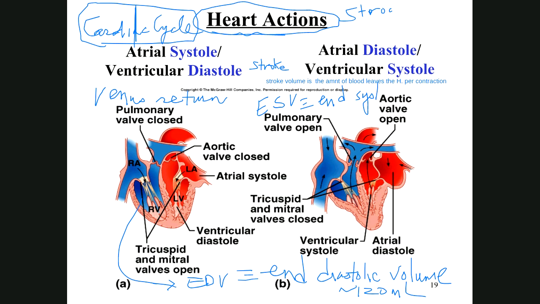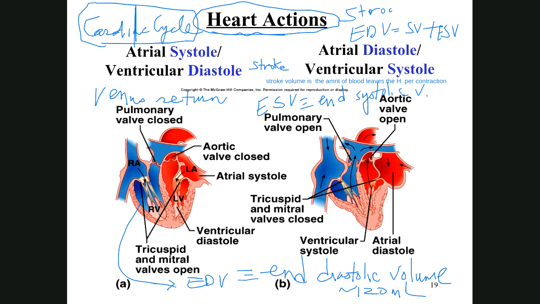As you start learning this, the end diastolic volume is equal to stroke volume plus end systolic volume. Okay? That's a good formula to know.